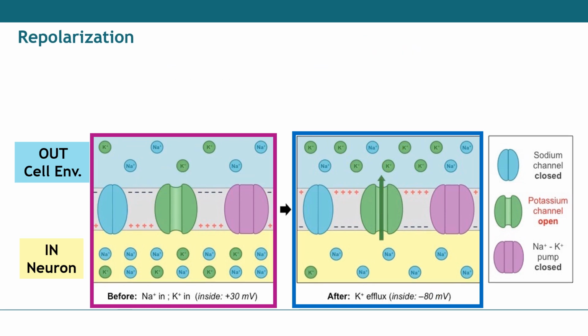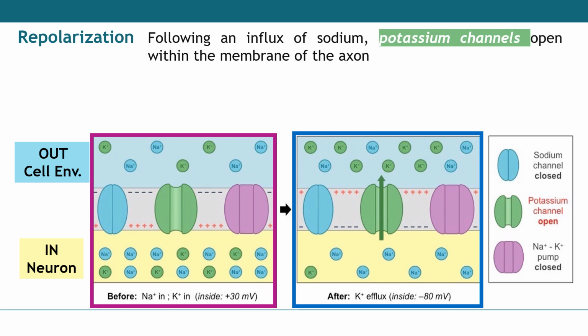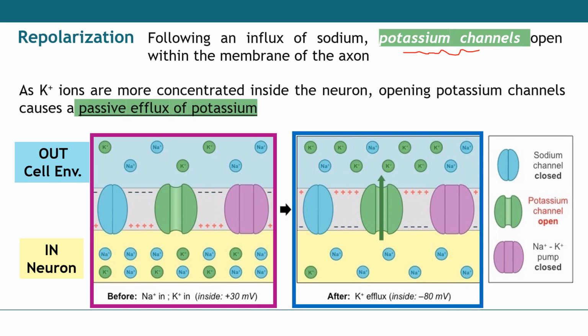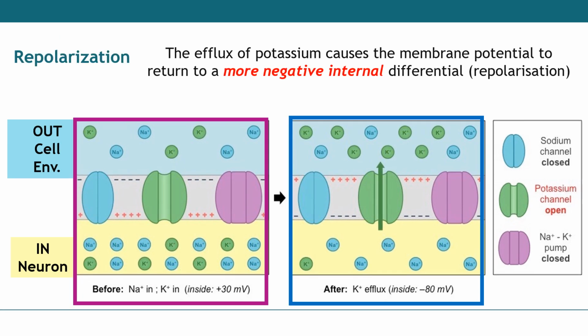All this we did by opening these potassium channels, and there was a passive efflux of potassium. Why? Because there was very little potassium outside before, and now you have a lot inside, so there was diffusion. It's a passive efflux. As a result, the internal environment of the neuron becomes more negative again, and this is how you repolarize the membrane potential.